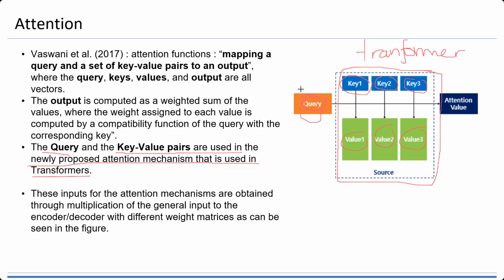Once you have a query, we will do this in order to get the attention value. These inputs for the attention mechanism are obtained through multiplication of the general input of the encoder or decoder with different weight matrices, as you can see in the figures. So each of these will have different weight matrices.